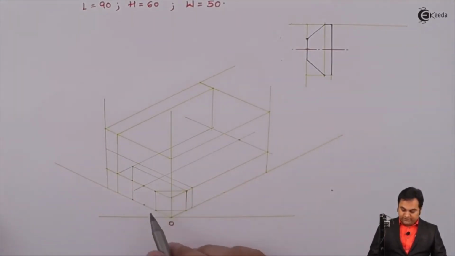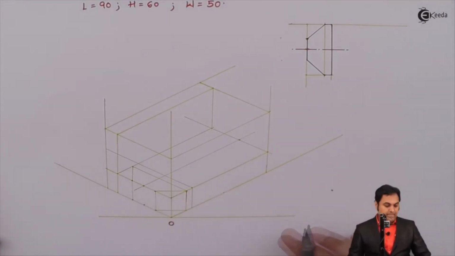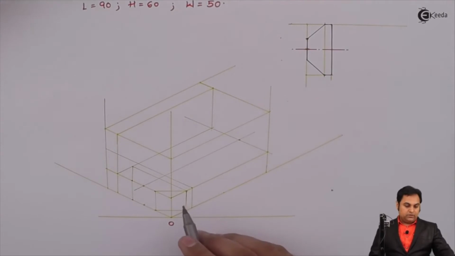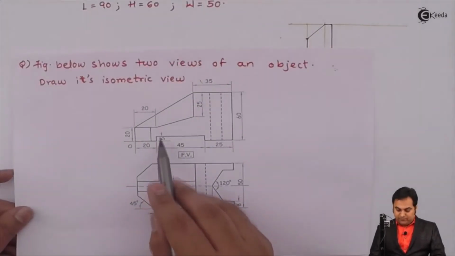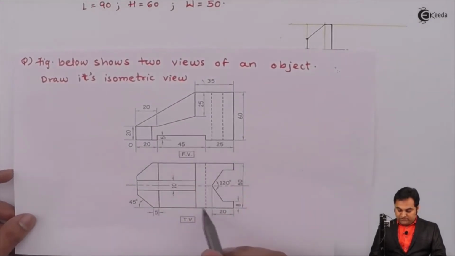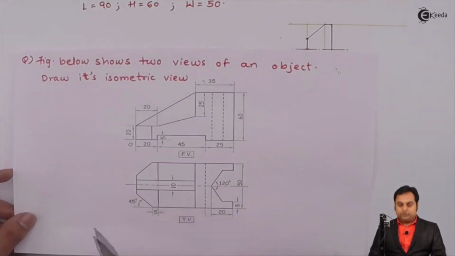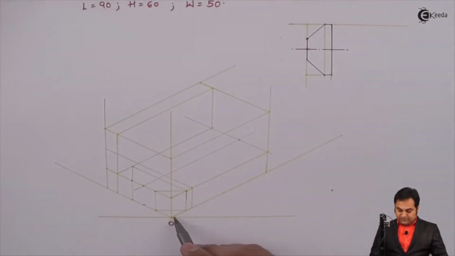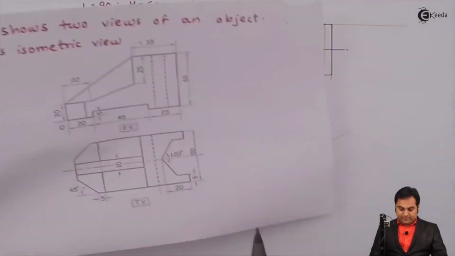Next, after getting this surface, here I have made it light. I'll make it dark afterwards. Next, if we see here, there is a gap of 5 mm here, which is throughout. So it is a groove of 45 length and 5 height, and it is starting after this 20 mm.